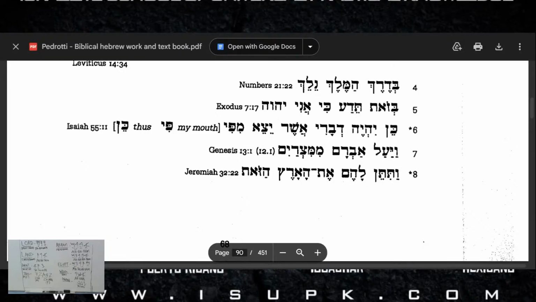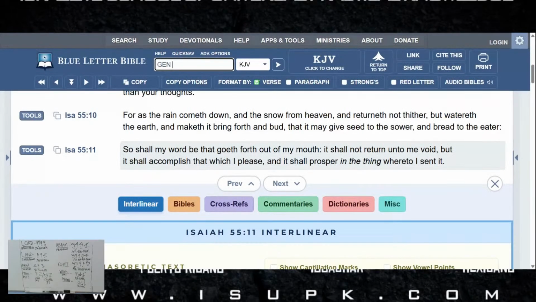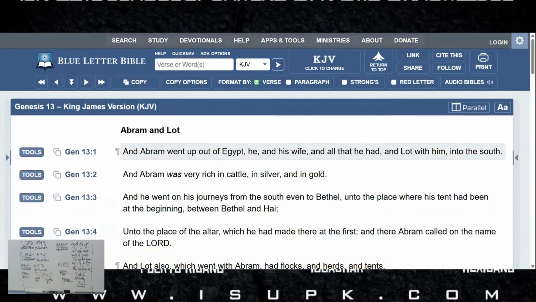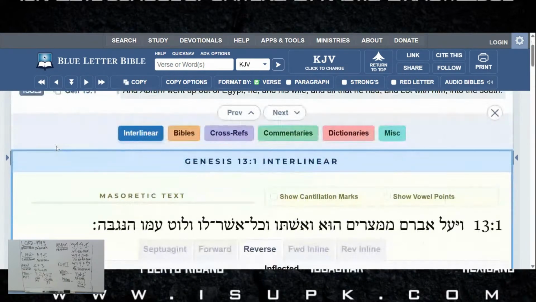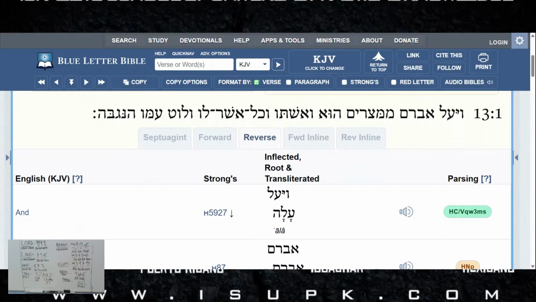Let me get this up on a board or up on a screen. Genesis 13 and 1. Genesis 13 and verse 1. Here we go. All right, here we go. Boom, boom, boom. I'll read it in Hebrew. Genesis 13 and verse 1.